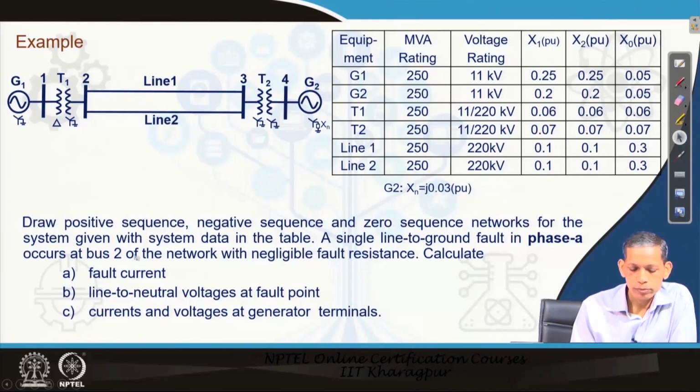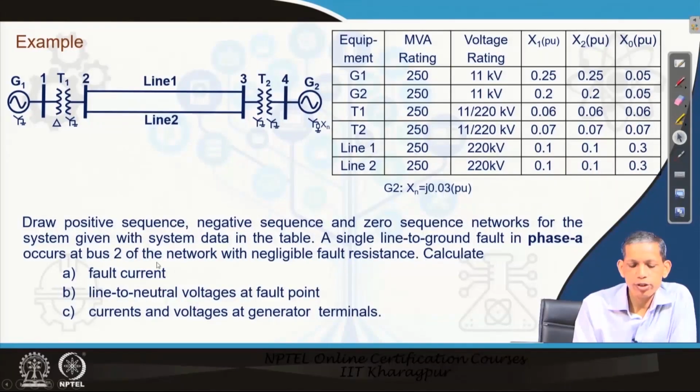For this system, a single line to ground fault in phase A occurs at bus 2 of the network with negligible fault resistance, that is Rf equals 0. Calculate the fault current through the fault, and the line to neutral voltages at the fault point, the corresponding line to line voltages, phase A, phase B, phase C currents and voltages at generator terminals.